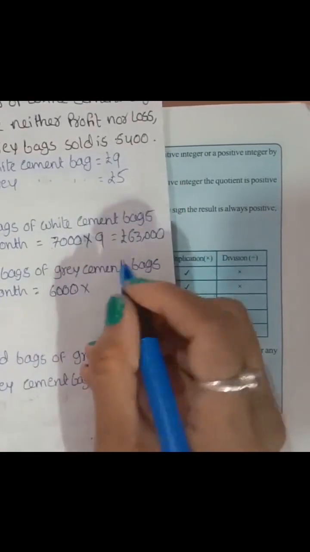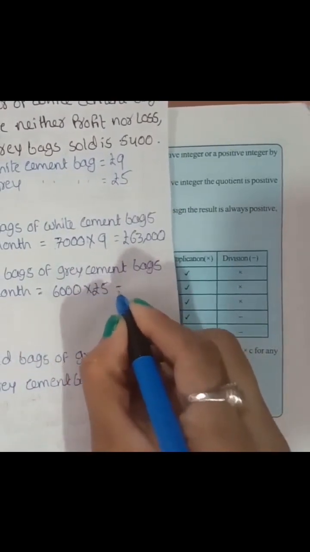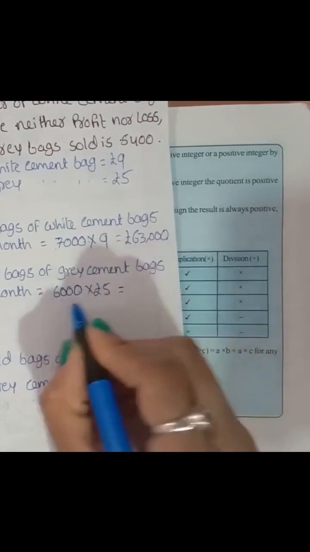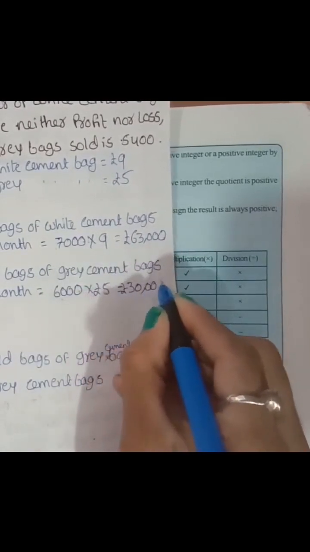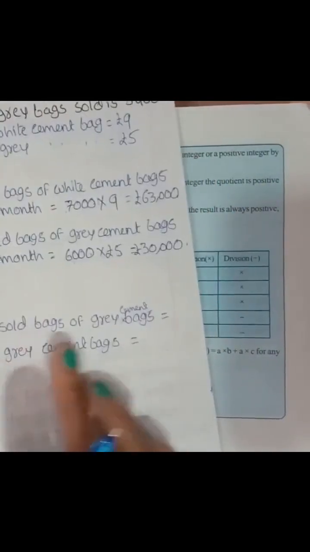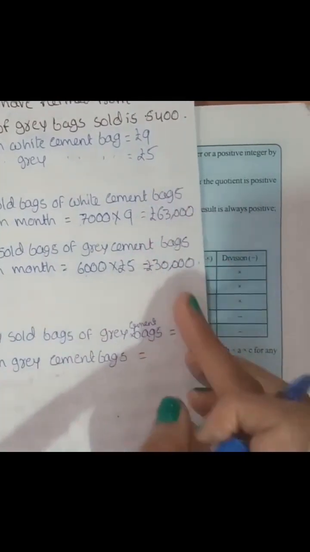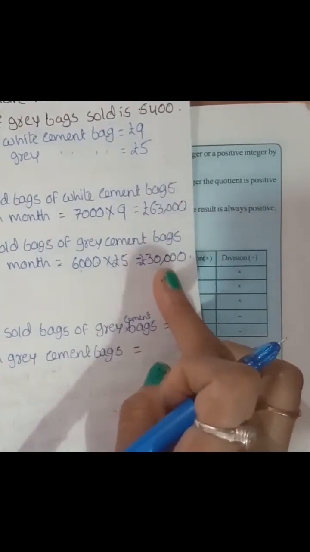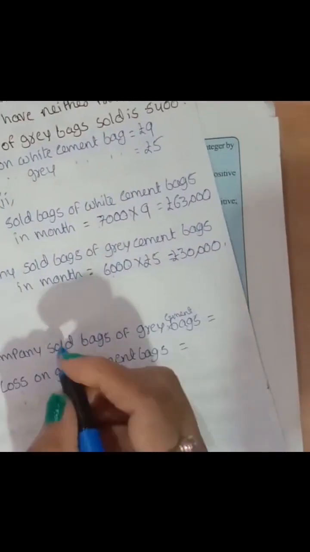Grey cement is a loss of 5 rupees, so 5 times 6,000 is 30,000. What are they asking about, profit or loss? Profit, because 63,000 minus 30,000, so the company earns a profit.